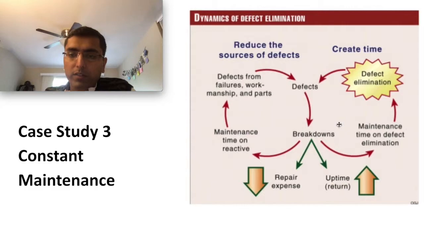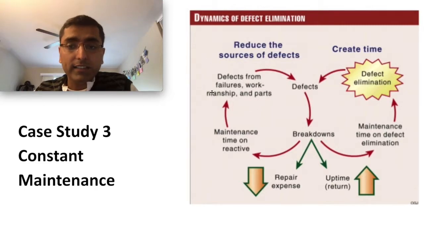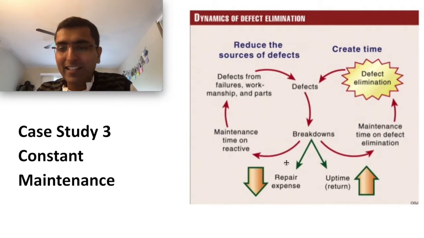So what was happening was, a defect leads to a breakdown, and a breakdown has an impact on the uptime, and it causes repair expenses. So now maintenance becomes reactive because it was not proactively scheduled. You pay more charges for expedited delivery, and people are stressed out. People make mistakes, parts are more expensive, and so you choose to buy low quality parts, and that causes more defects. So there's this whole maintenance repair loop that is a vicious cycle.